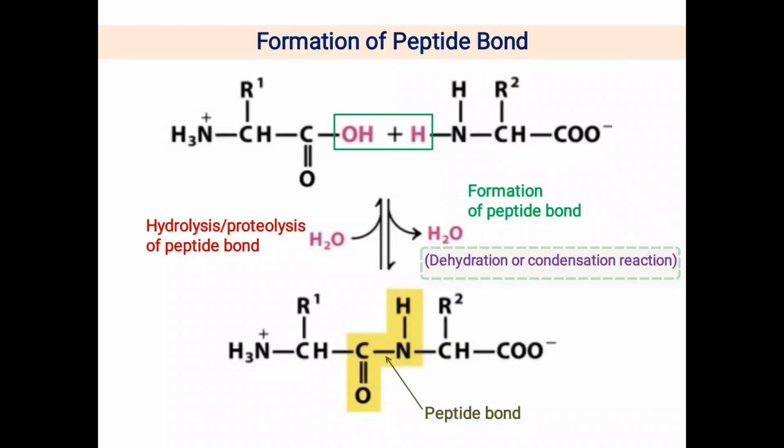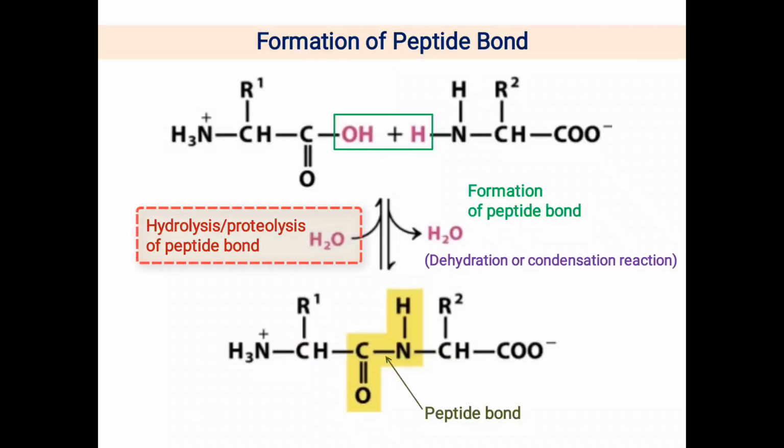Okay. Now we can see here a reverse reaction, which is written as hydrolysis or proteolysis of the peptide bond. When a peptide bond is formed, this is the dehydration or condensation reaction, but whenever this bond is broken down, the reaction is known as hydrolysis or proteolysis of the peptide bond, which occurs inside our digestive system.